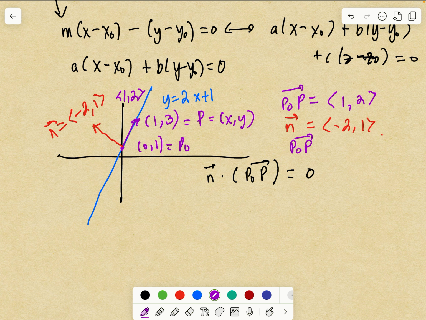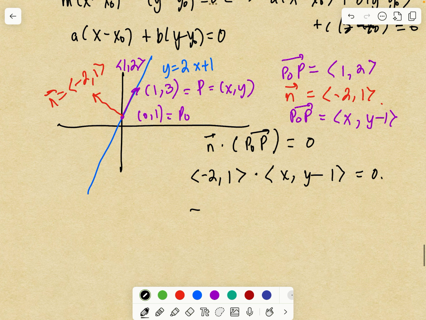Then p naught p is x, y minus 1. And this equation would be negative 2, 1 dot x, y minus 1 is 0. That's negative 2x plus y minus 1 equals 0.